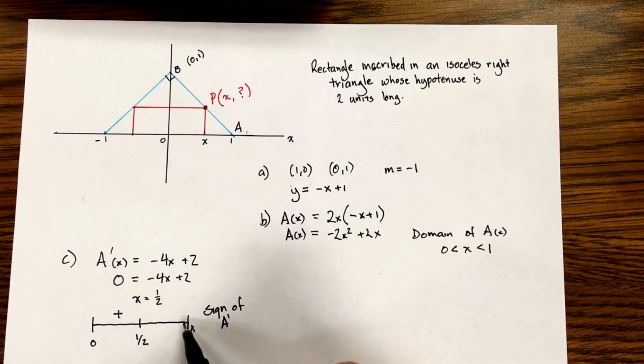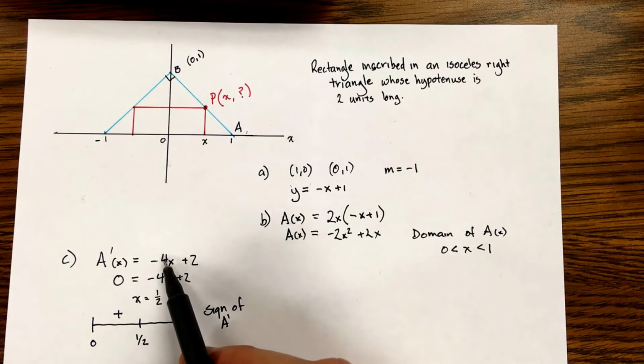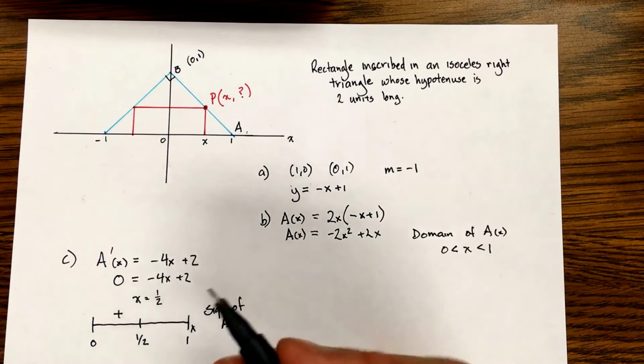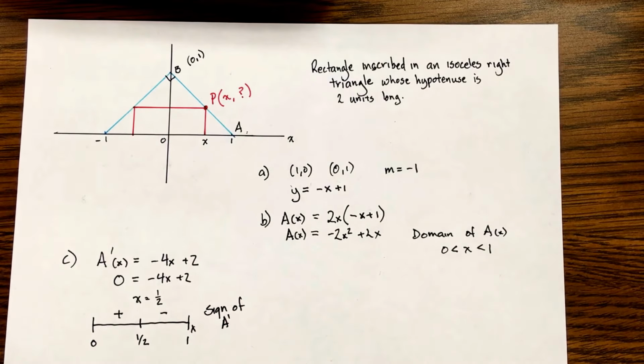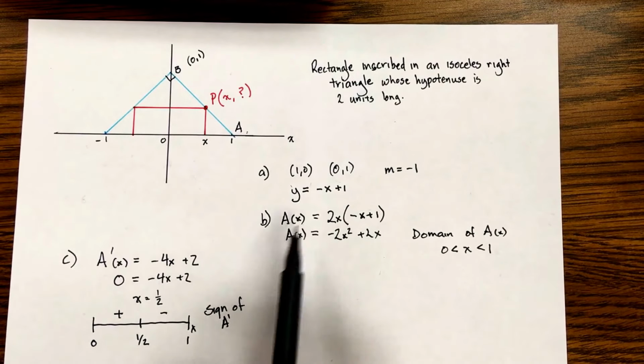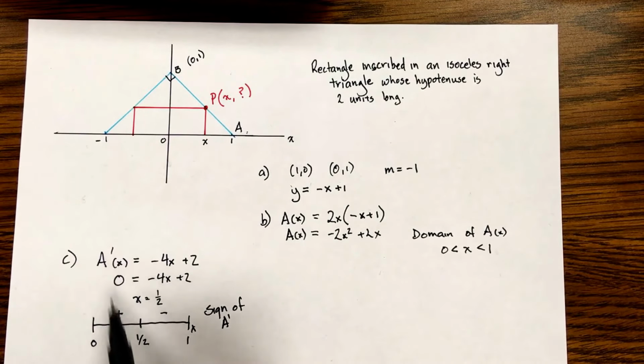And 0.9 times 4, well, anything more than a half is going to give more than 2, so we get a negative number: something more than 2, minus 2 from 2 plus... that's going to be negative. That tells us our answer. This area function has a maximum at 1/2 since A prime changes from positive to negative at 1/2.